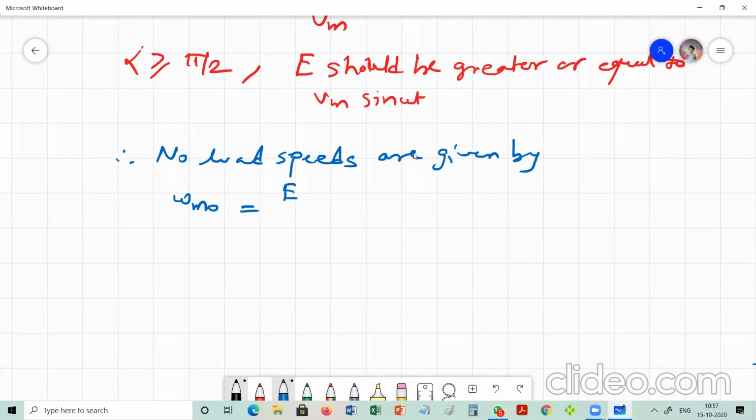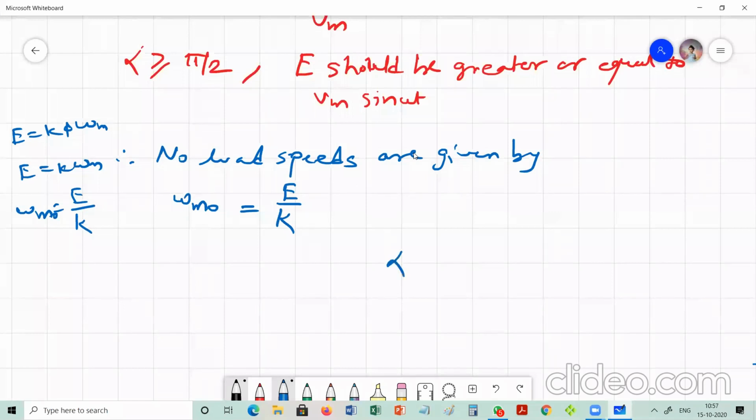We know that E is equal to k phi omega m, and for a separately excited DC motor, E is equal to k omega m, means omega m is equal to E by k, and now we are finding the no load speed, that is omega m0, which is equal to E by k.